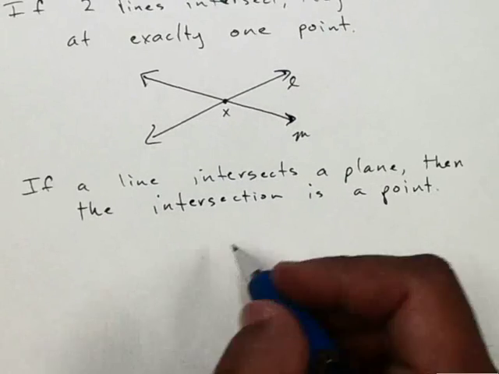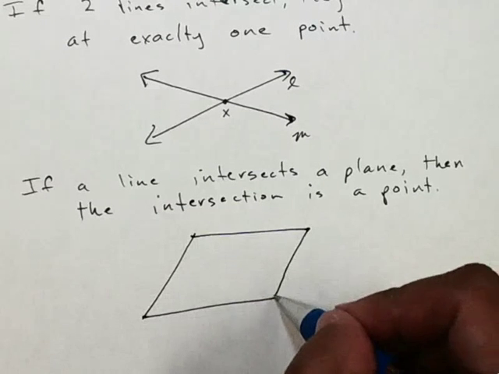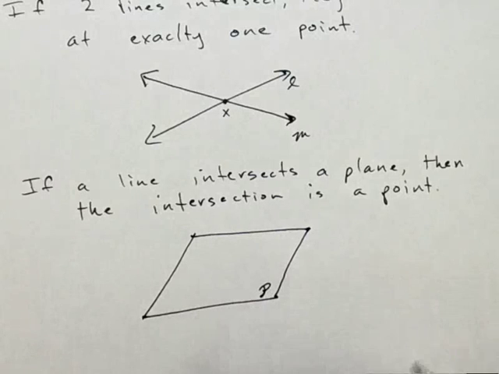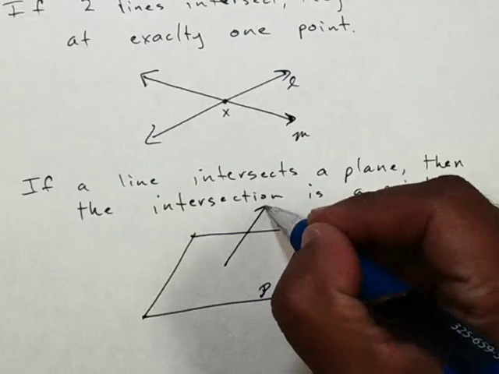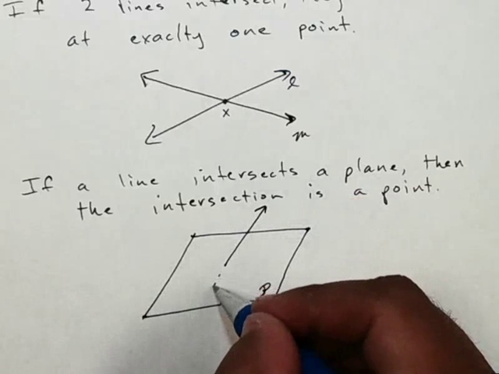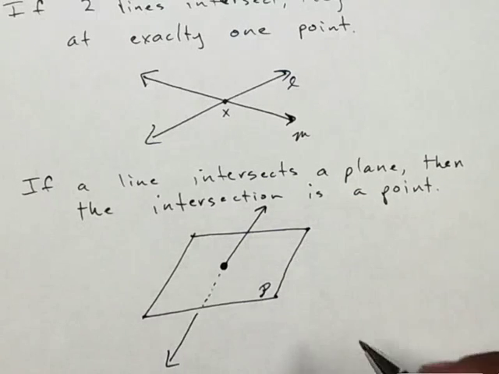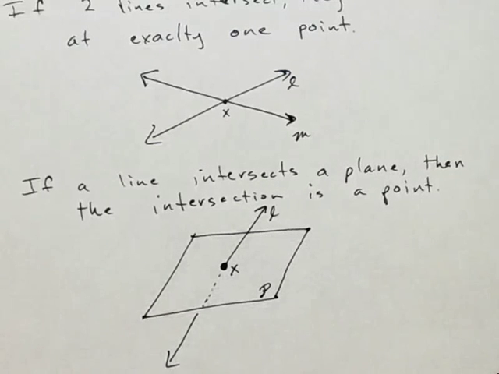Right, and like I said before, we draw a plane usually as a parallelogram, even though it goes on in all directions forever. So we'll call this plane P. And if I have a line going through that plane, the intersection is going to be that point right there. Let's call this L. This intersection point would be point X.